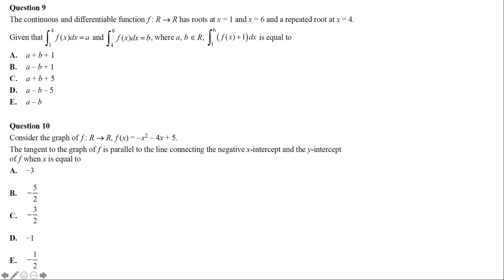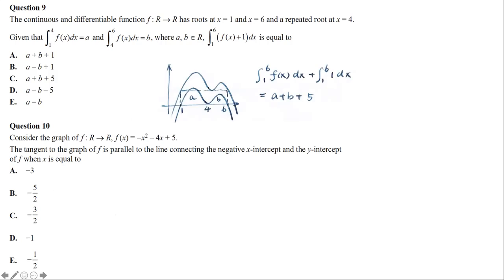Question 9. The continuous and differentiable function f defined on all real numbers has roots at x equals 1 and x equals 6 and a repeated root at x equals 4. Given that the integral from 1 to 4 of f of x dx is a and the integral from 4 to 6 of f equals b, where a and b are real numbers, we want to find the value of the integral from 1 to 6 of f of x plus 1 dx.